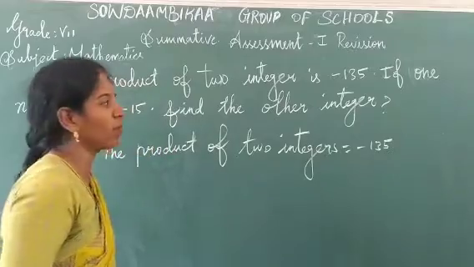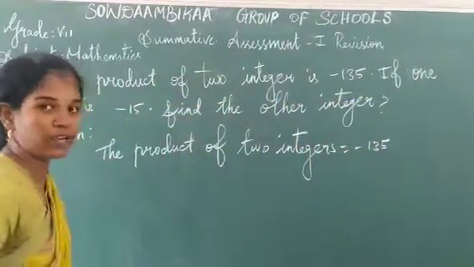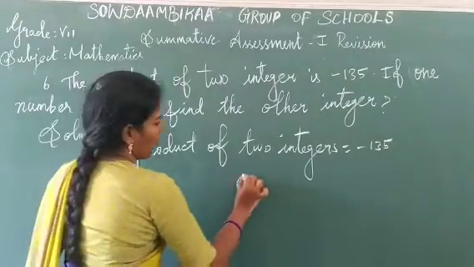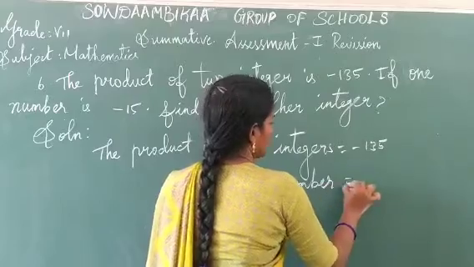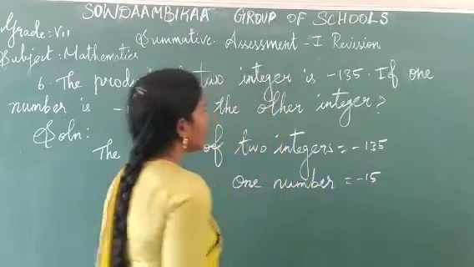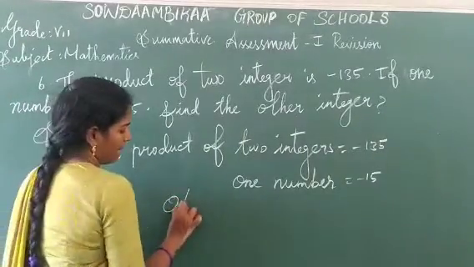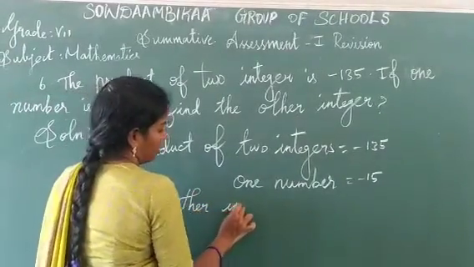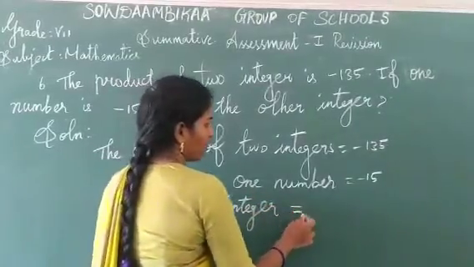Another one is given. What is given? If one number is minus 15, okay, one number is equal to minus 15, then we have to find the other integer. Okay, other integer, how do you find?